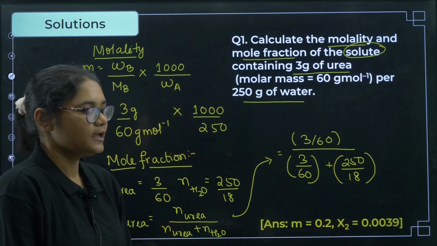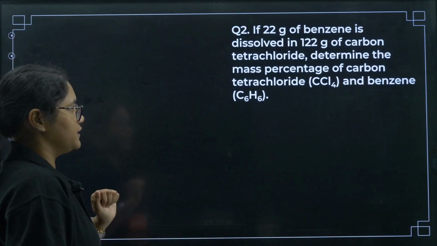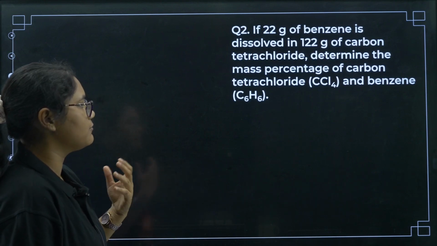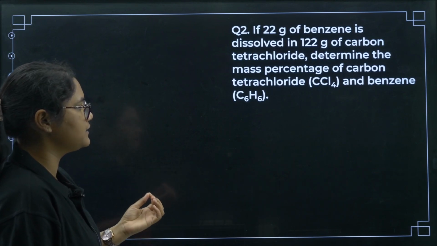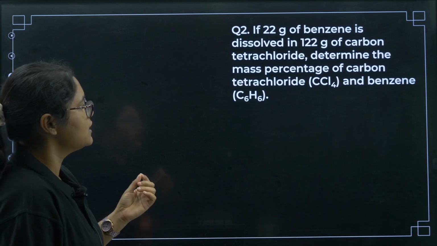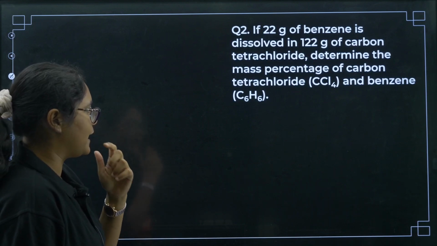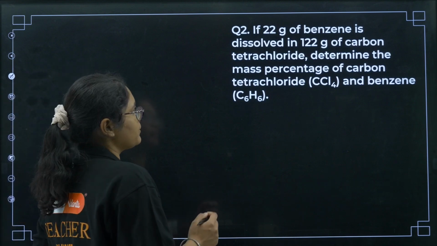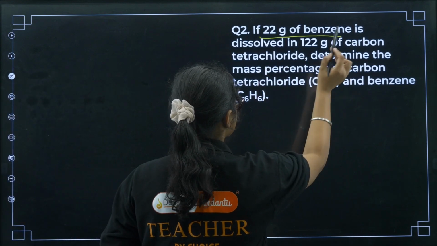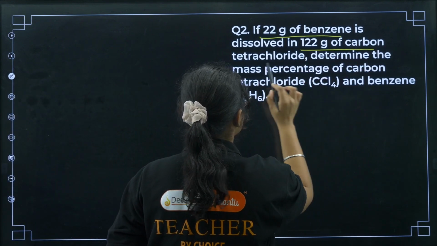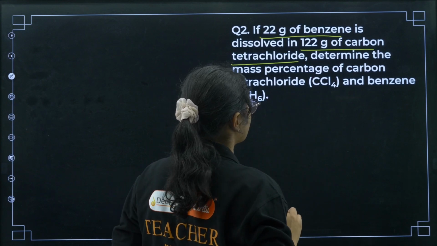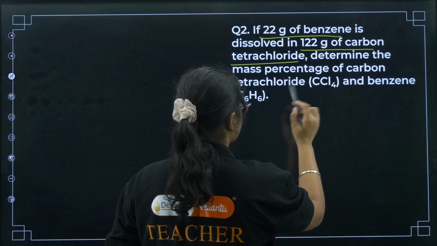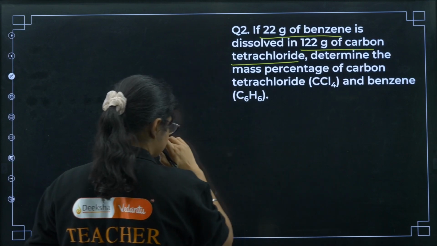Clear? Now moving towards the next question: if 22 gram of benzene is dissolved in 122 gram of carbon tetrachloride, determine the mass percentage of carbon tetrachloride and benzene. This is also very simple.